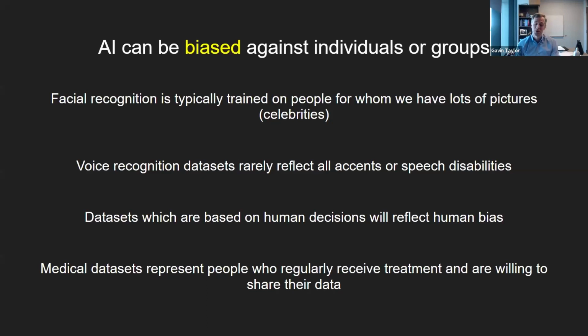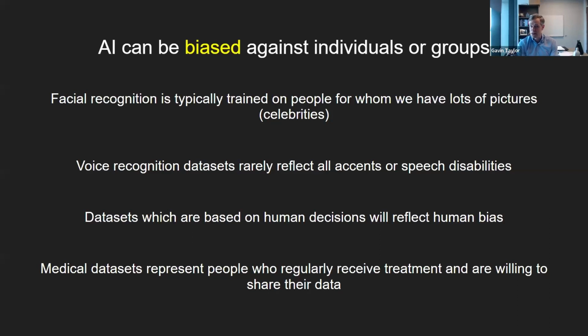It may be that if you're building a voice recognition data set, you're not representing all accents, or you're not representing all speech disabilities, and you are eliminating people's ability to use this tool. Data sets which are based on human decisions will reflect human bias.